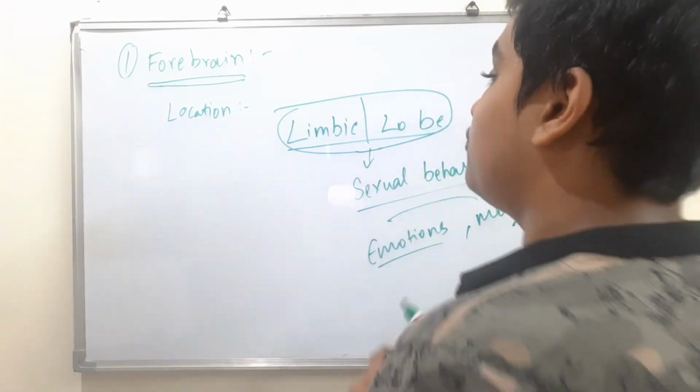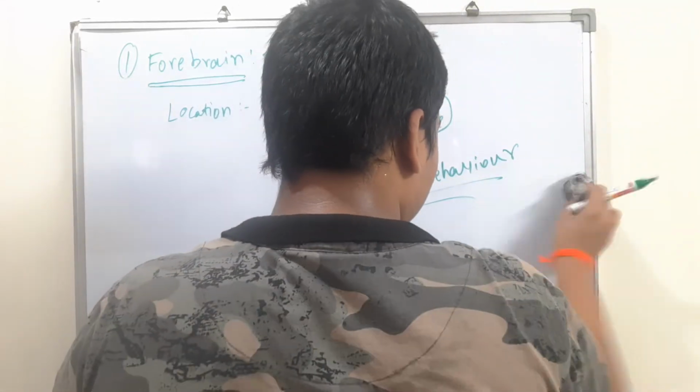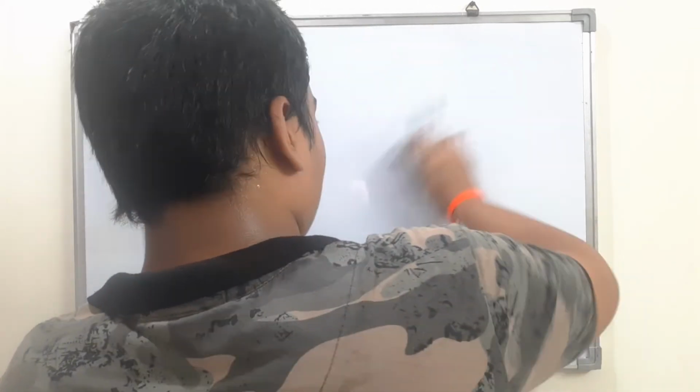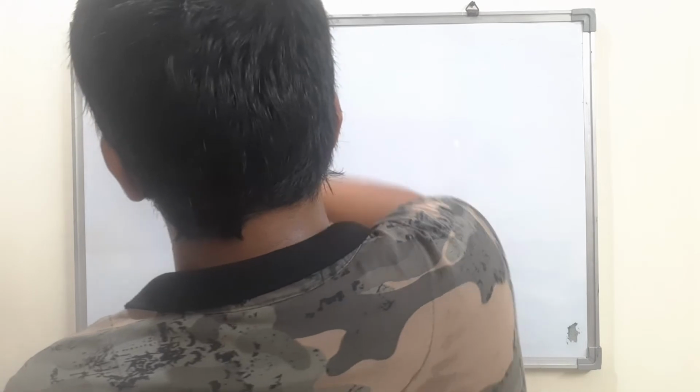So this is about the forebrain. Before moving on, this forebrain is divided into some lobes, not the limbic lobe.